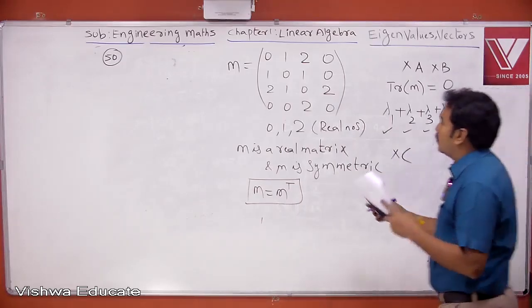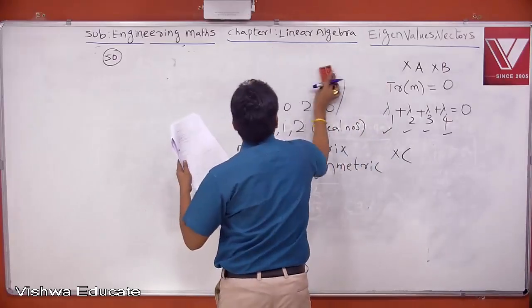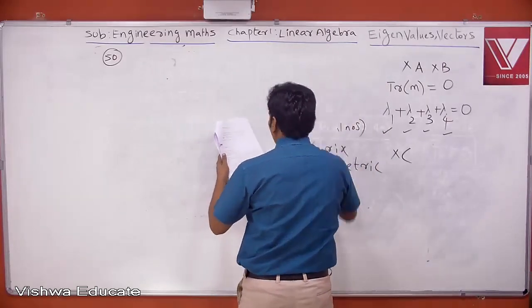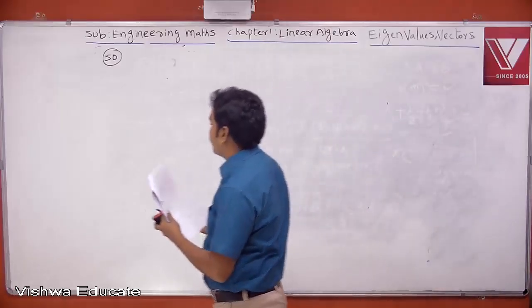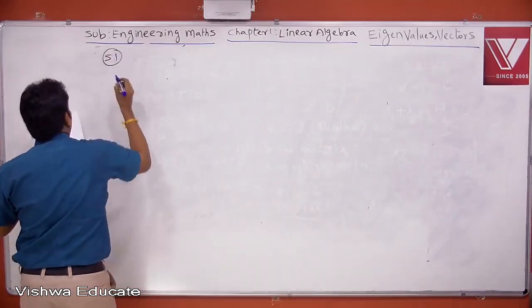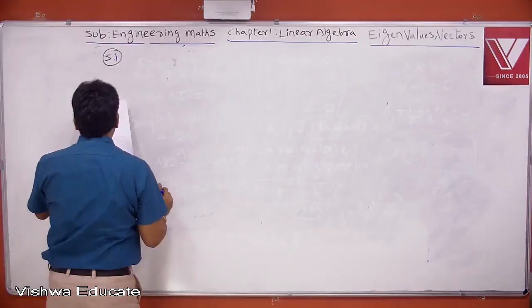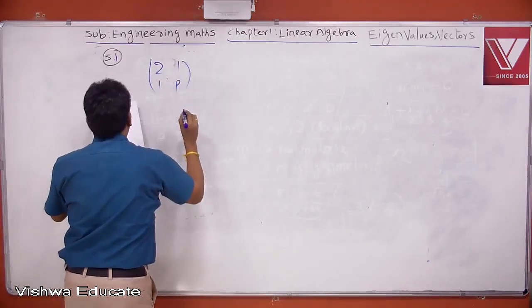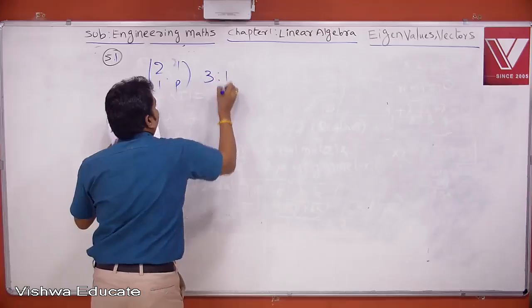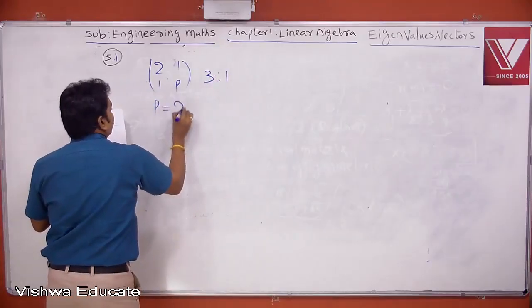Now let us move to question number 51. The two eigenvalues of the matrix 2, 1, 1, p have a ratio 3:1 for p equal to 2.